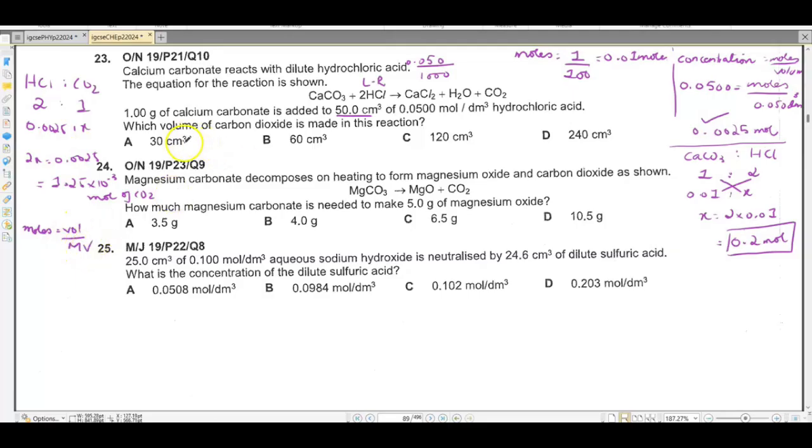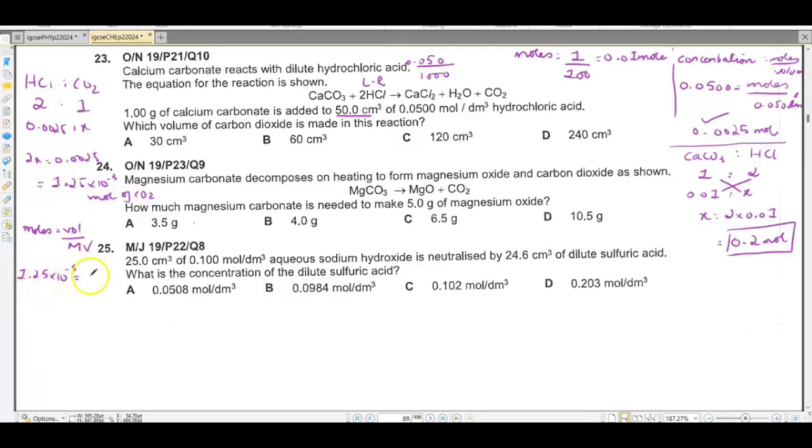As the answer is given in centimeter cubes, we can use 24,000 centimeter cubes, or we can always use 24 decimeter cubes. If we use decimeter cubes here, then we are going to convert it in the end because this answer is in that.